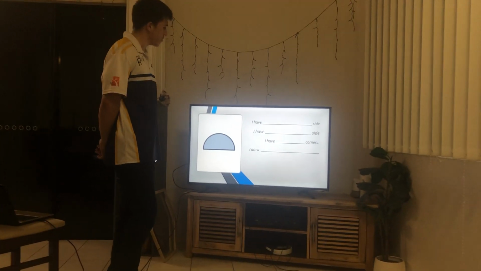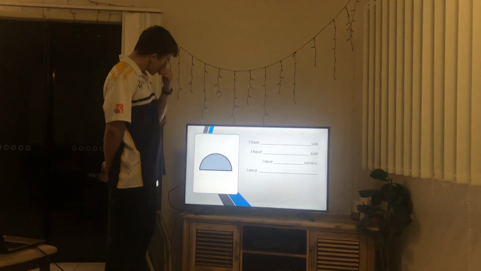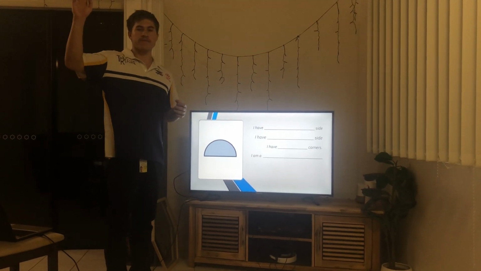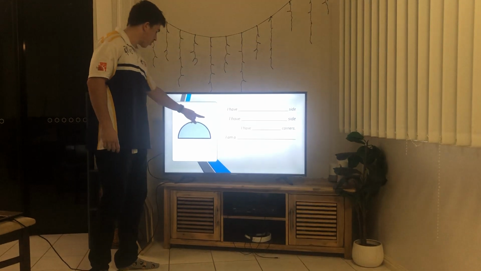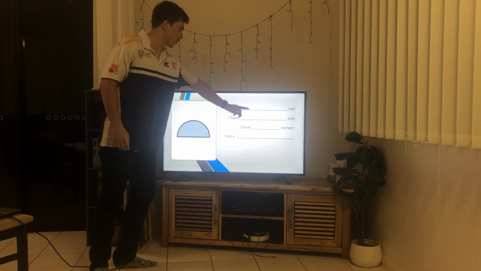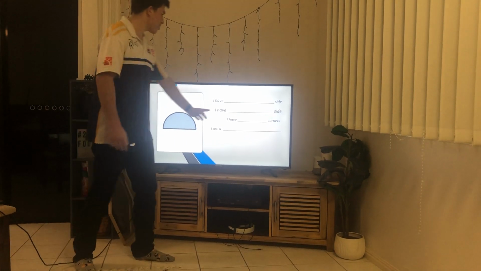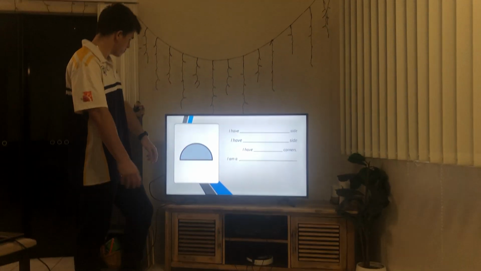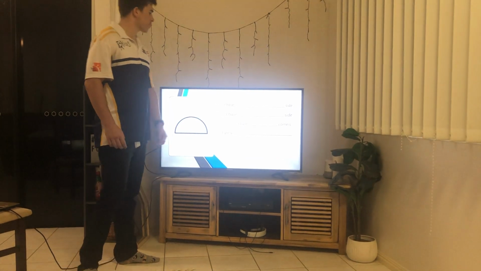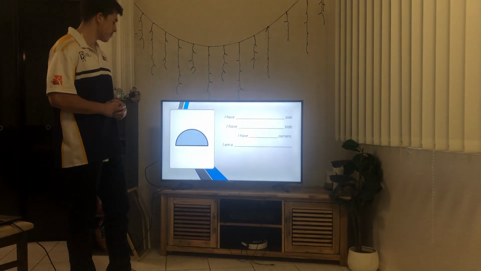Now, this is the tricky part about it, okay? So, who hands up if you've got sides? Yep, there are sides here. We have one curved side, and I have one straight side. How many corners does this shape have? 1, 2. I have 2 corners.